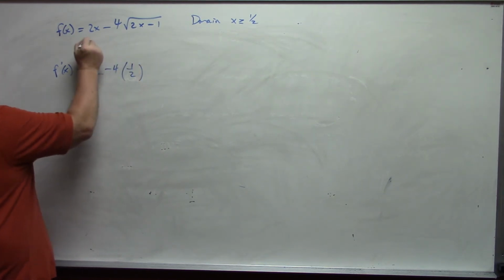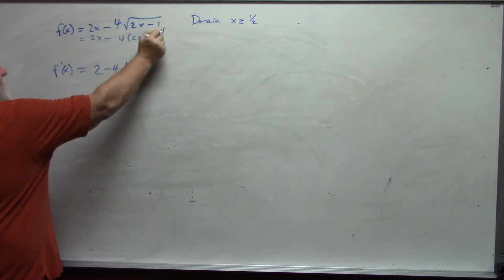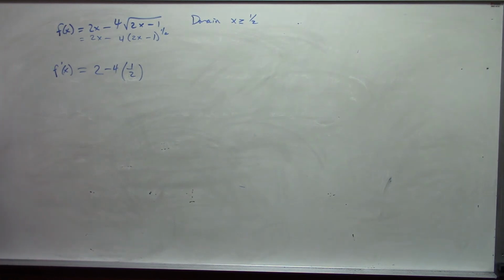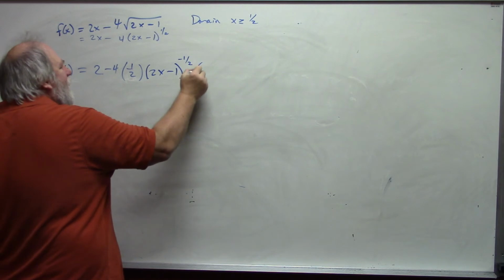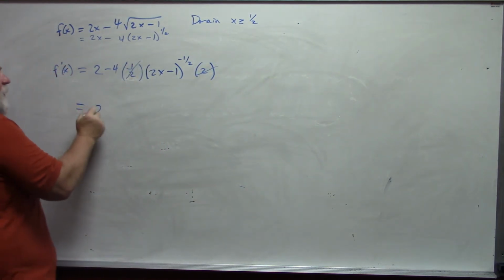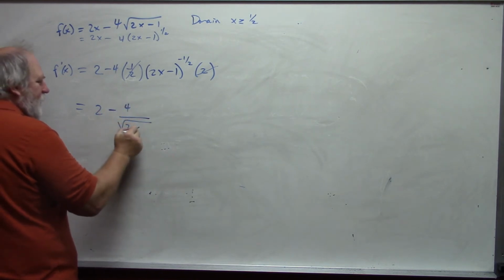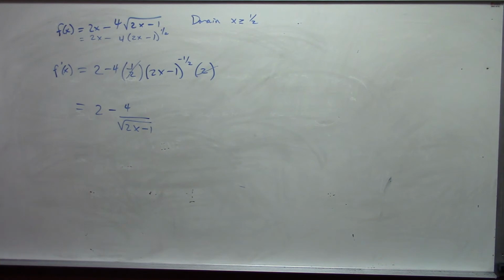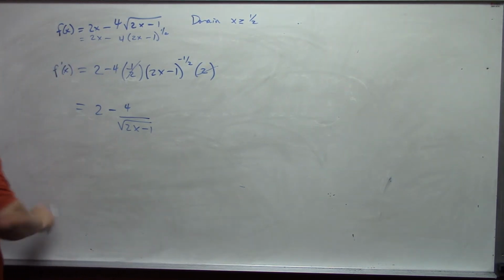Remember, this is 2x minus 4 times (2x minus 1) to the 1/2. 1/2, (2x minus 1) to the negative 1/2 times 2, or 2 minus 4 over the square root of 2x minus 1. This derivative does not exist at 1/2. Again, we don't have to worry about that. That's the endpoint of the domain.